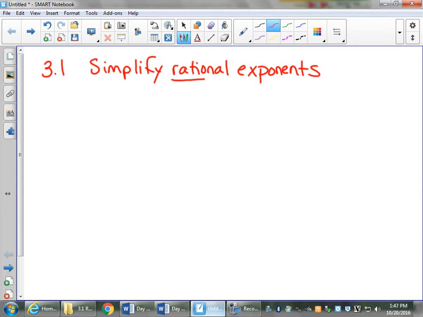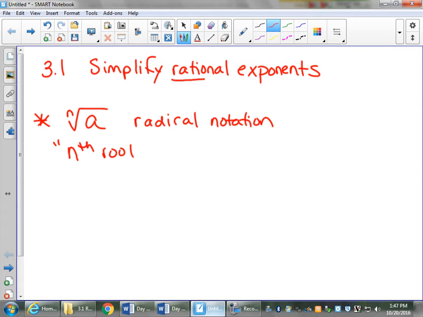So the notation that you're going to see that in is in two forms. You can see it in radical notation or in rational exponent notation. So this is called the nth root of a. It'll look like this. Okay, this is radical notation. And would be called the nth root of a.